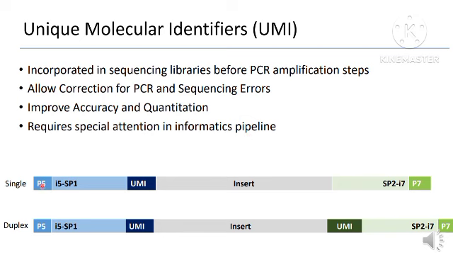So these are the adapters, these are the indices which you are using for patient identification. Apart from that, you are using UMI, unique molecular identifier, for each molecule. So you can use single or duplex UMI for your sequencing. For duplex UMI, you are attaching UMI tags on both ends.